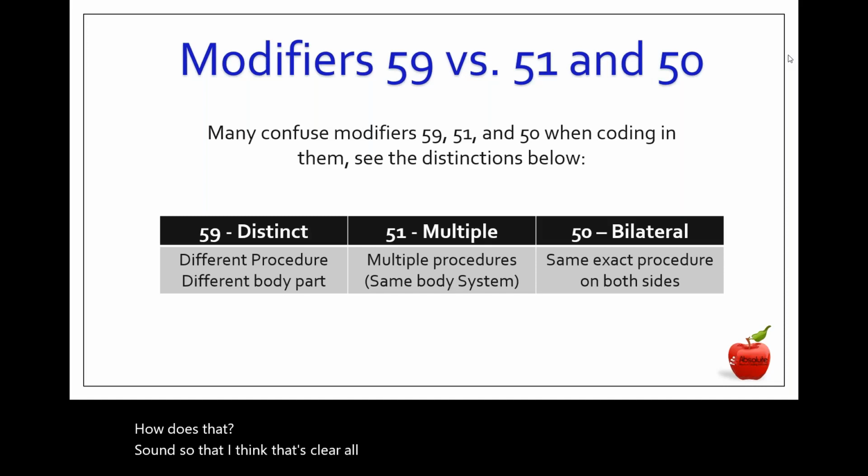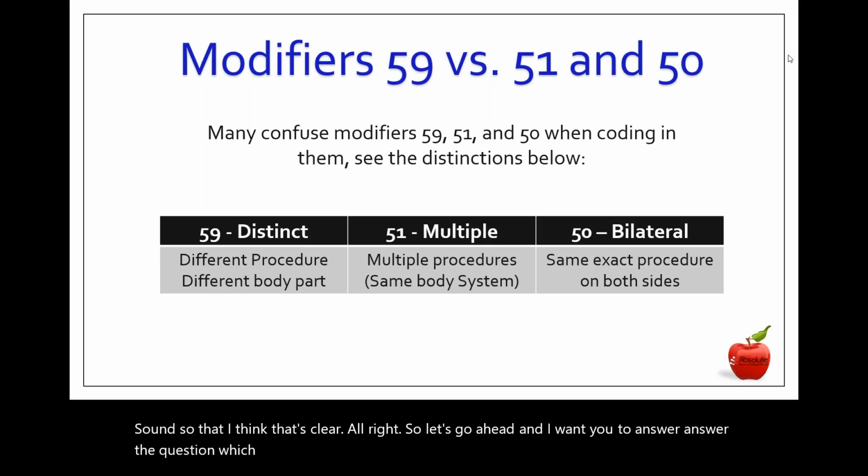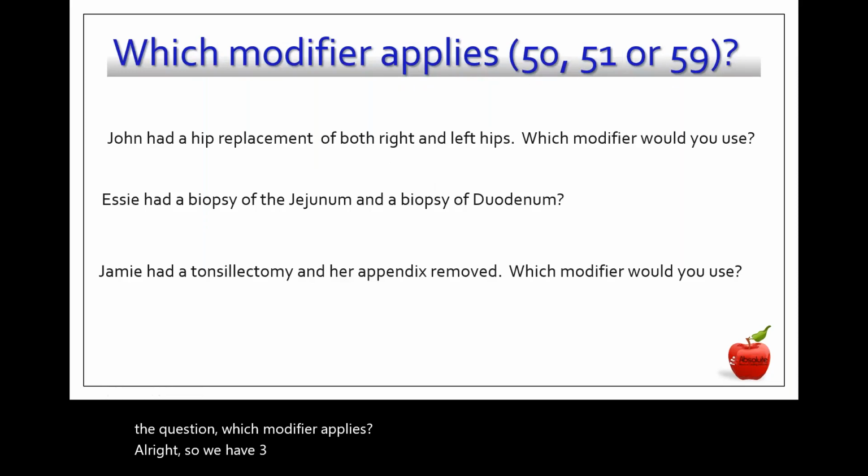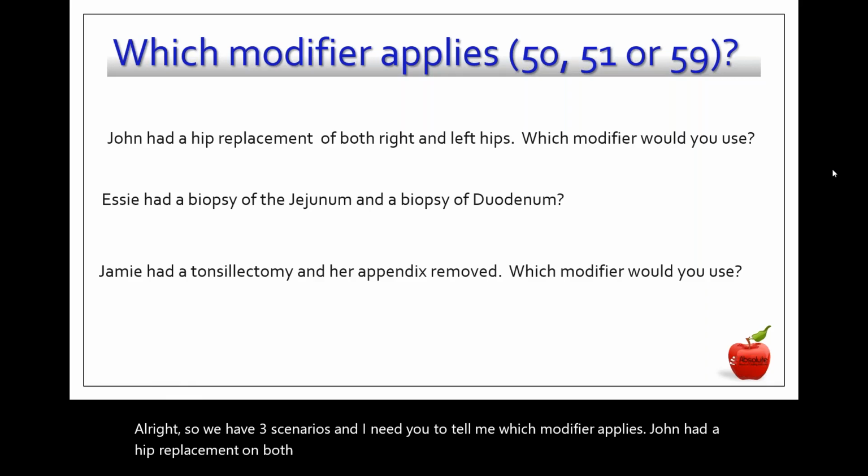All right, so let's go ahead and I want you to answer the question, which modifier applies? We have three scenarios, and I need you to tell me which modifier applies. John had a hip replacement on both right and left hips. Which modifier would you use?